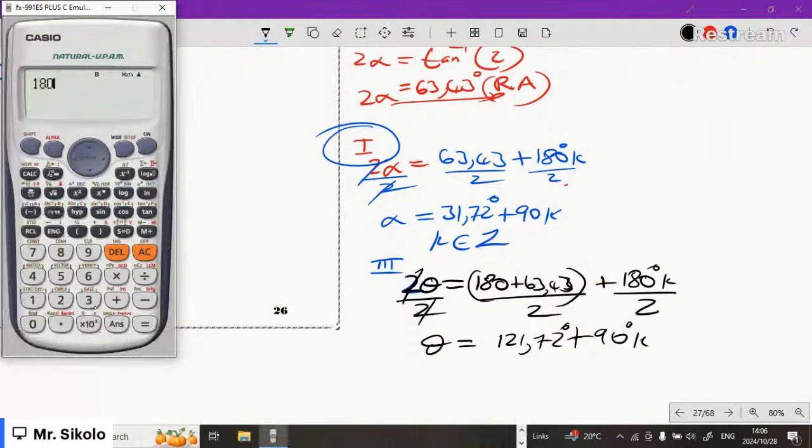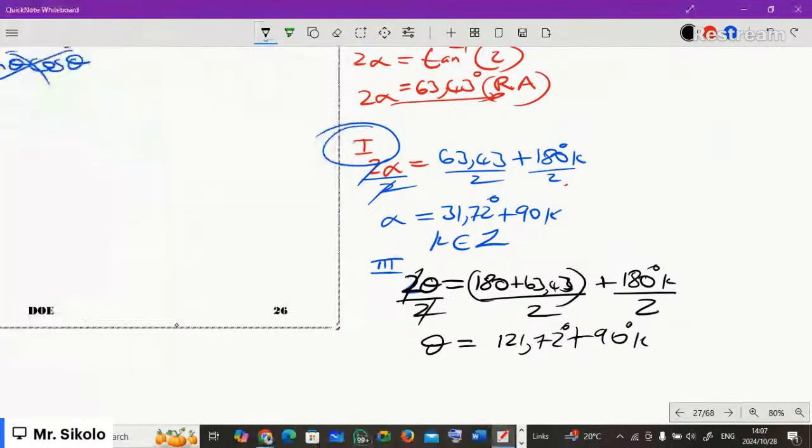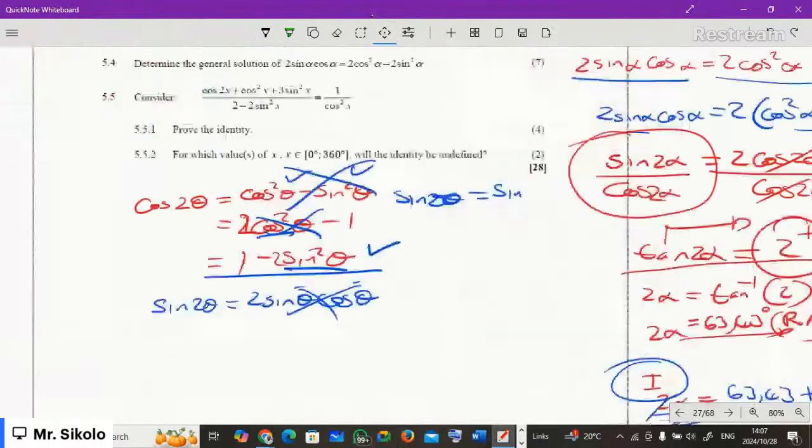So if we take 180 plus 63.43 equals, then you divide everything by 2 again. Yes, you are getting my answer. So we have the second solution. Then lastly, K is an element of integers. So I hope everyone is happy also with that one.